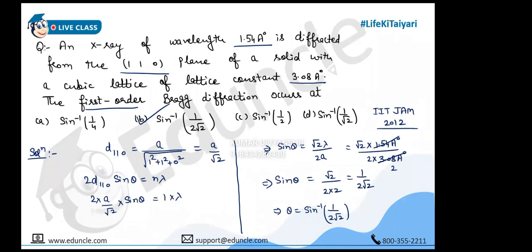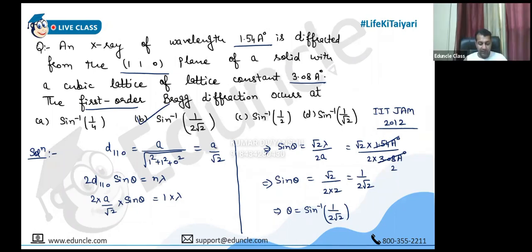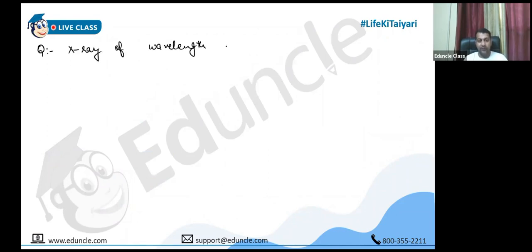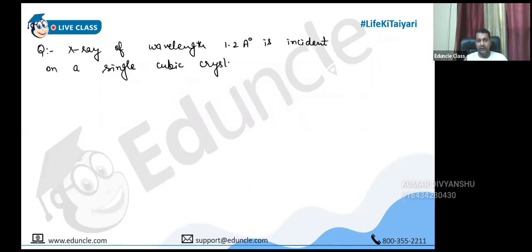Okay. One question of a novel kind was there with me. So all these were easy, but they may ask you the question in this format also, based on maximum order of reflection. Yeah, this one. This is not TYQ, but important. X-ray of wavelength 1.2 angstrom is incident on a single cubic crystal of lattice constant 32 angstrom.